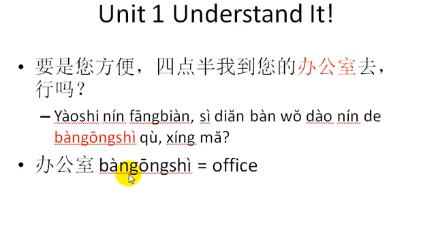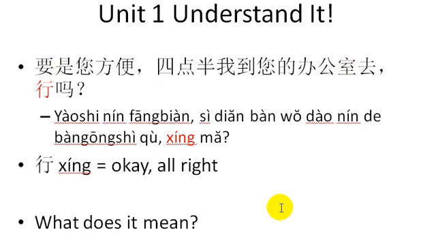行吗? 行, see this 行? Let's take a look at 行. 行 means okay or all right. So you should have enough to work with here to decipher this sentence. 要是您方便4点半我到您的办公室去行吗? Okay. Pause and think about what that might mean.